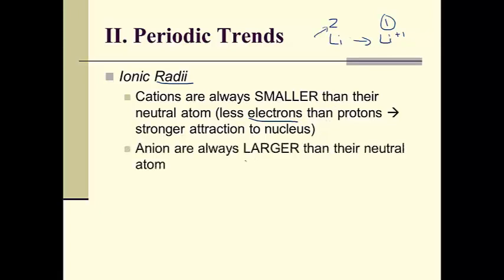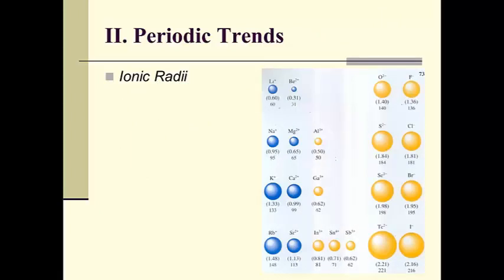Anions, because you're adding electrons, will always be larger than their neutral atoms. So what's the trend? Take a look. As you go left to right, row 2, row 3, row 4, row 5, the cations tend to get smaller, and same for the anions.